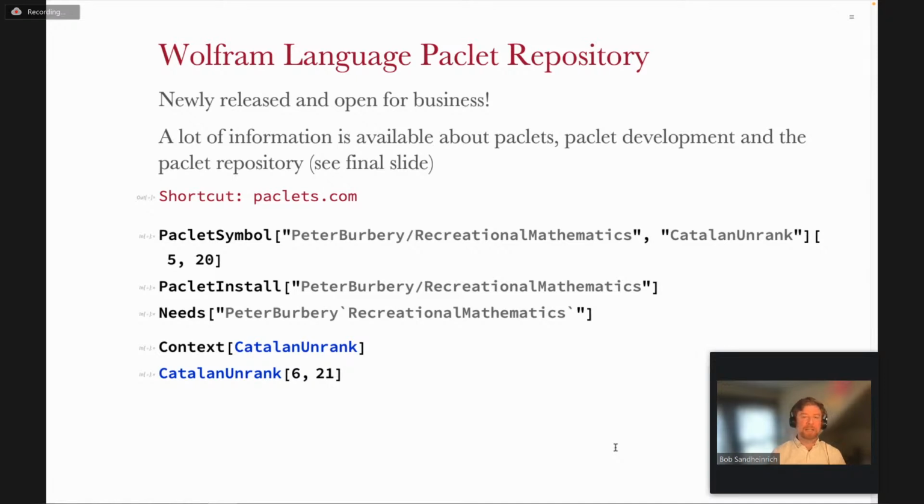The neural net repository is only really open for internal content creation right now. If you have something ready in the Wolfram Language, by all means, use the contact form on the website. Let us know. But it's more of a personal process because it's not as common for external people to be doing that sort of development.